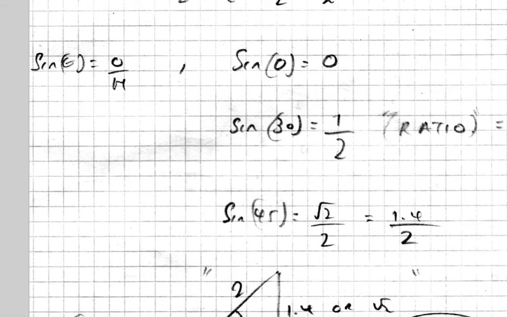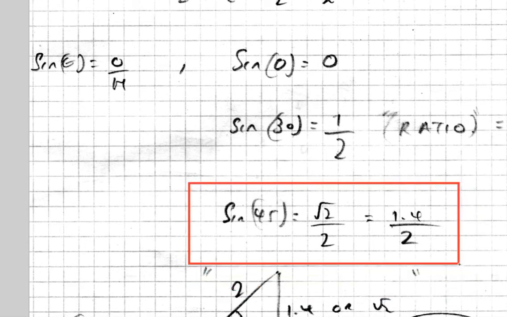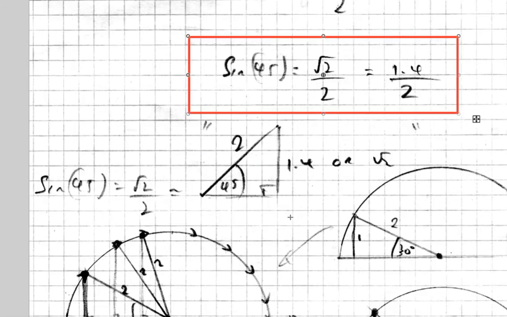Let's pay a little bit more attention to the root 2 over 2, just as a way of visualizing what's going on. The hypotenuse is of length 2, and the root 2, which is around 1.4, is this length here.